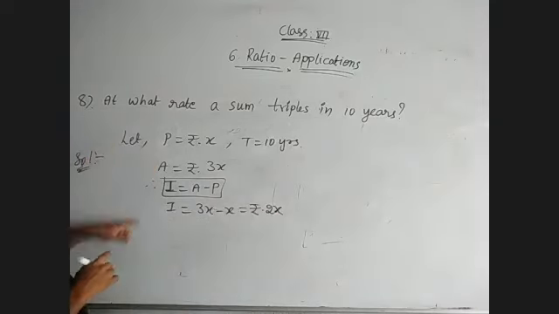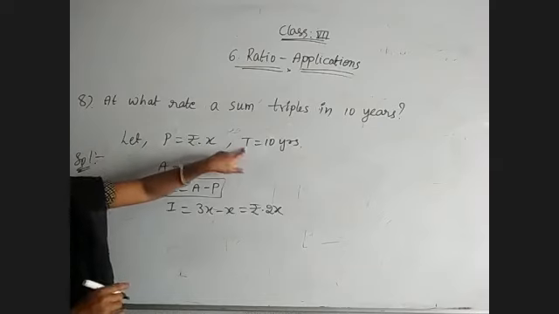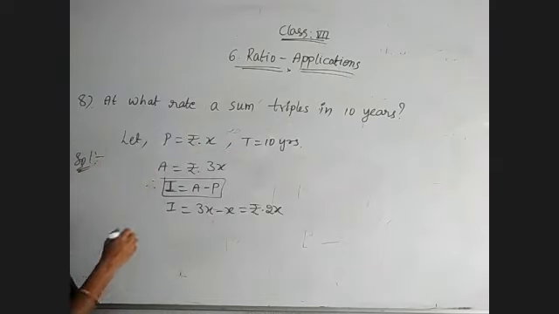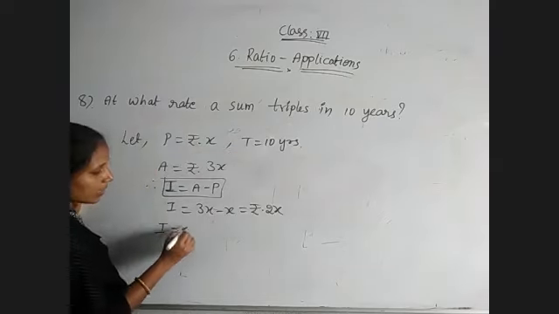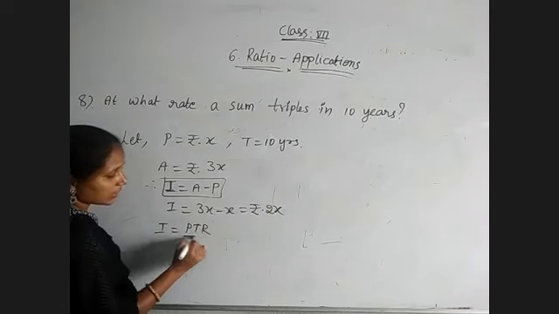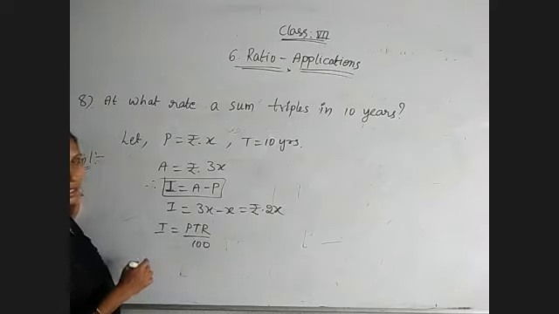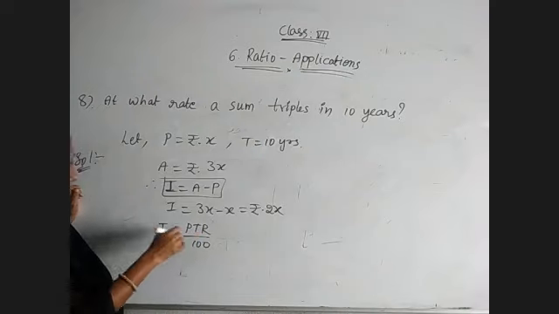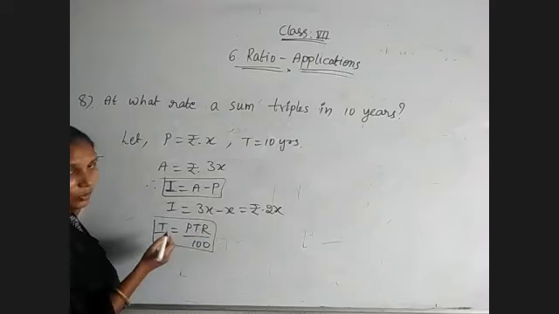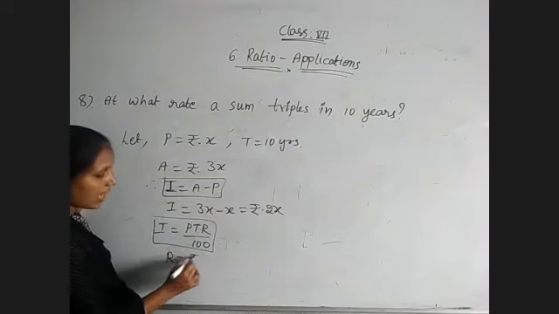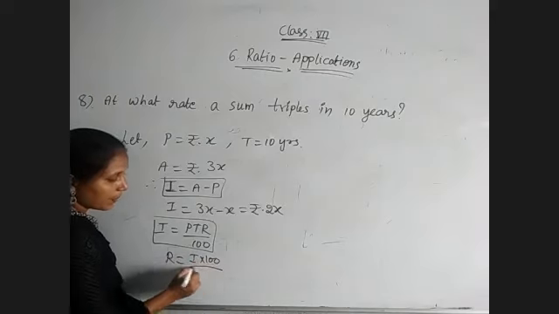Now we have P, I and T values. So we can find out the R value by using the formula I equal to PTR by 100. If you want to write the formula for R, you can: R will be equal to I into 100 by PT.